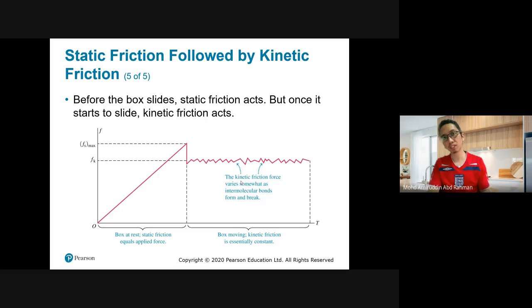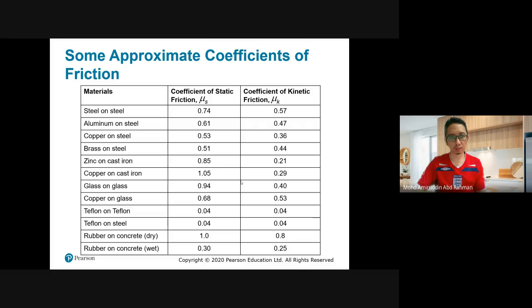If the surface is rougher, let's say you are pulling a box on the ground compared to pulling it on the floor of the building, of course the Fk will be much noisier on the ground compared to on the floor.